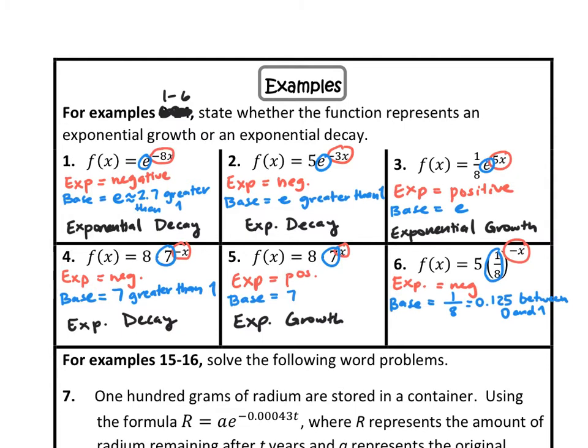So here's when it changes. Here's the big change. If I have an exponent that's negative, but my base is a decimal between 0 and 1, I'm not going to have exponential decay. I'm going to have exponential growth. Okay, so I want you guys to remember that.